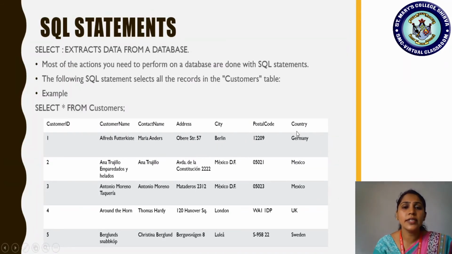We have not constrained it like that, so the value may be repeated. If you display only the Country column and want to avoid that duplication and display each value only once, then we make use of the DISTINCT keyword along with the SELECT statement.